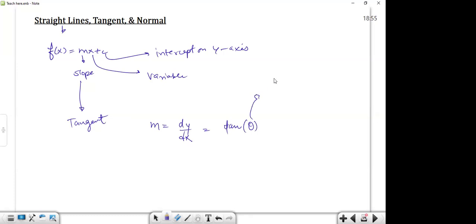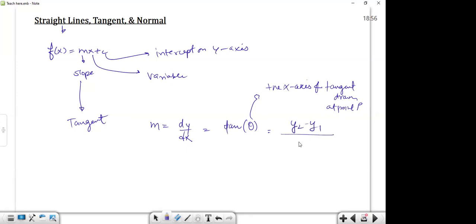Theta is the angle between the positive x-axis and the tangent drawn at point P, the point at which we have to find the slope. Okay, so there are other methods also.